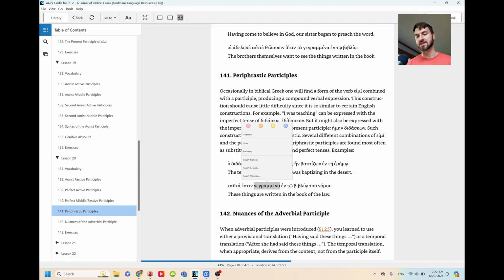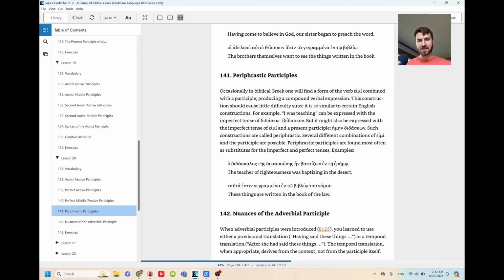You could also just translate this as, these things have been written in the book of the law. But even here, you can see esti, are, and then a perfect participle, written in the book of the law. So even when you come across it, it's not hard to really pick up and translate. Usually, periphrastic participles don't cause too much difficulty.